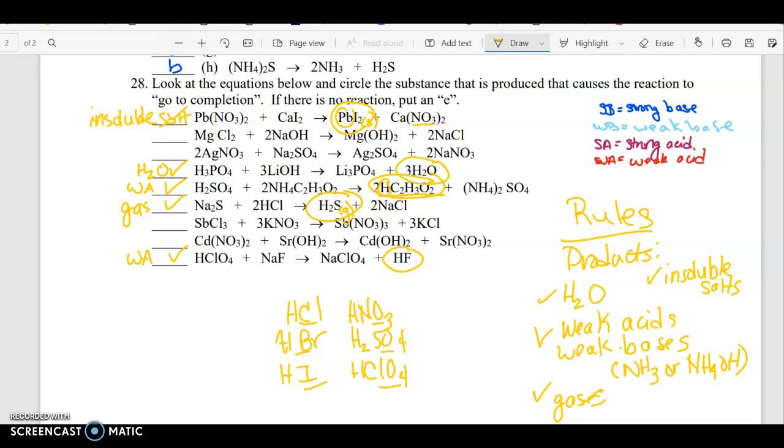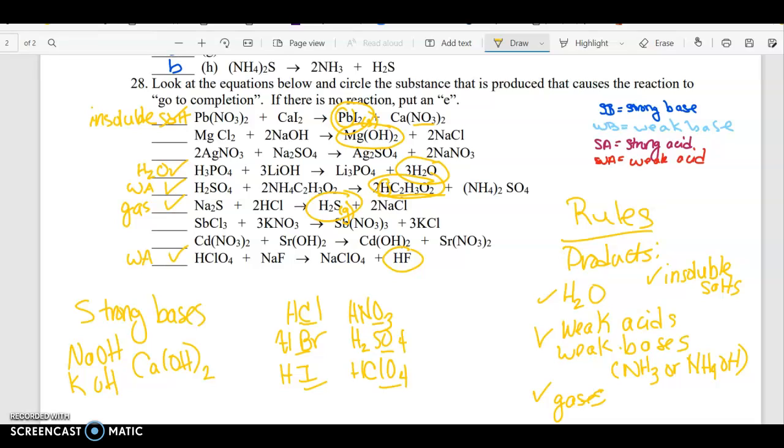We can say the same for the next two. Hydroxides are generally insoluble unless they're bound to one of the strong bases. So remember the strong bases. Sodium hydroxide, potassium hydroxide, calcium hydroxide. And you can check your list, but it is on the left side of the periodic table.